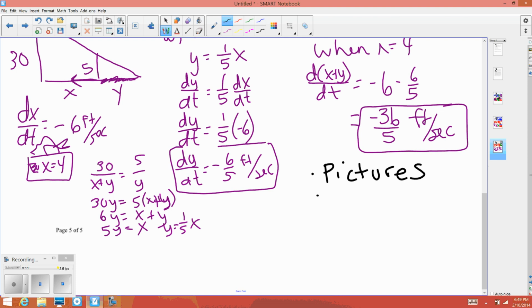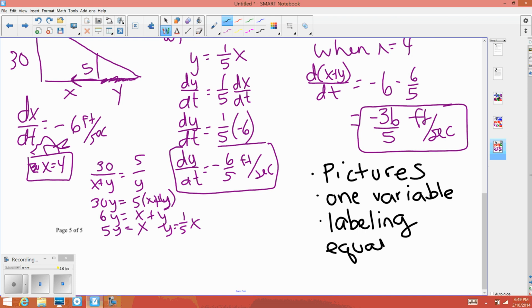Getting equations in one variable, also very helpful. All right, labeling. Labeling is vitally important. What's your sign? What's changing? Writing your equations. All of these things you need to do every single time.